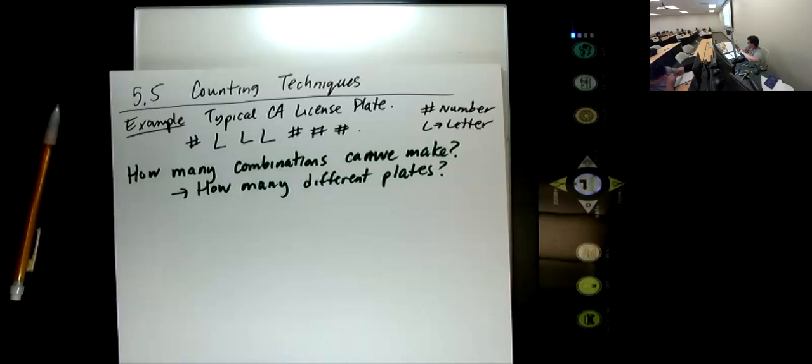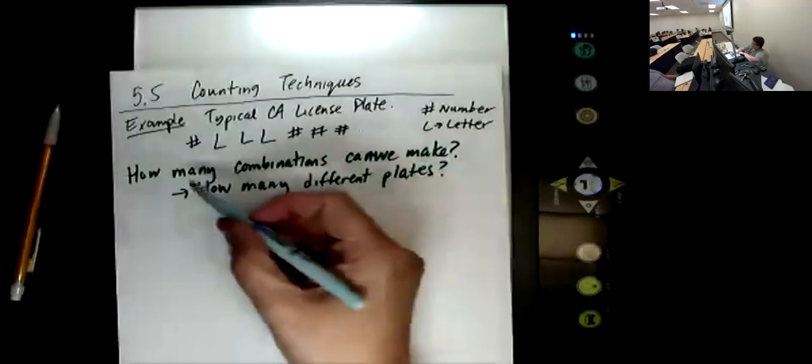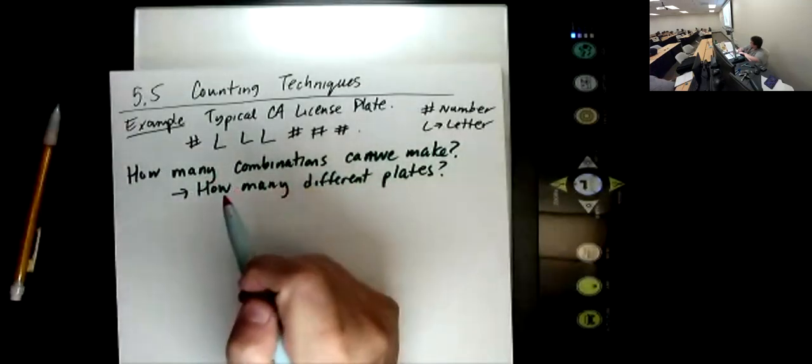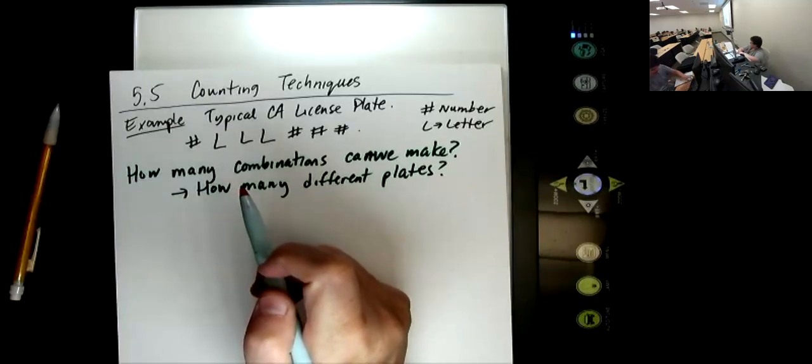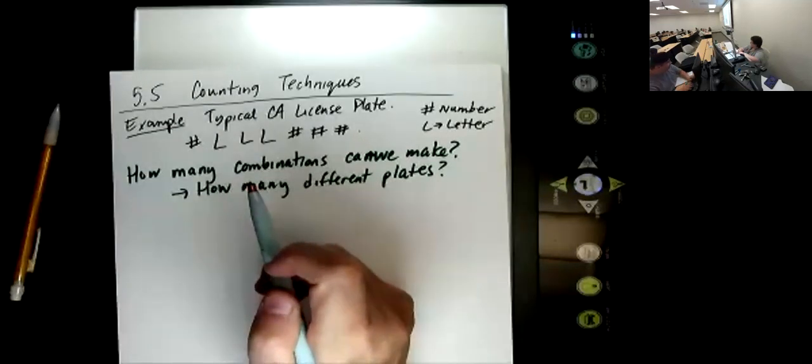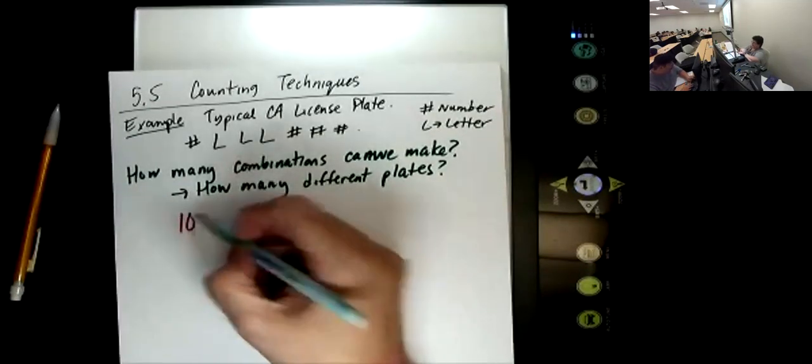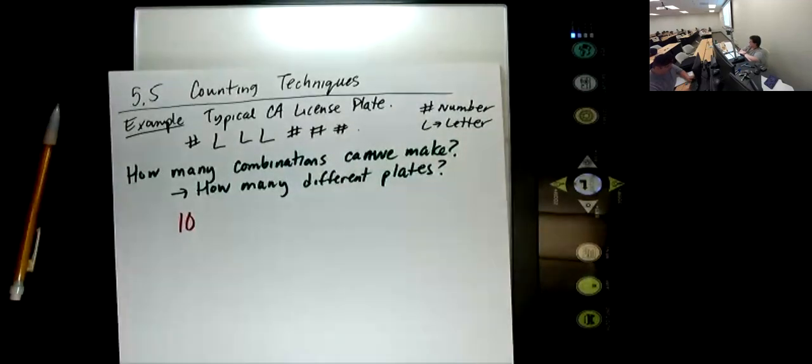How many options does the first character have, that number? Not 9, it's close to 9. 0 is an option too. 10. Letters, hopefully you all know there's 26 of them.